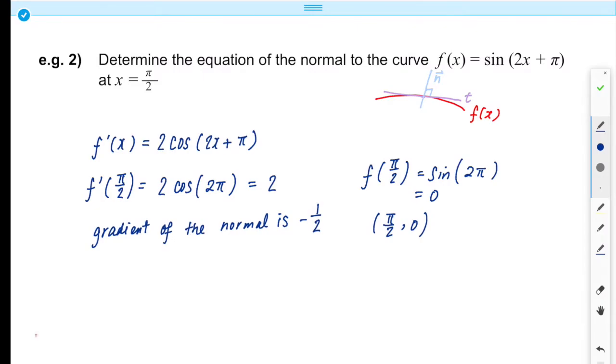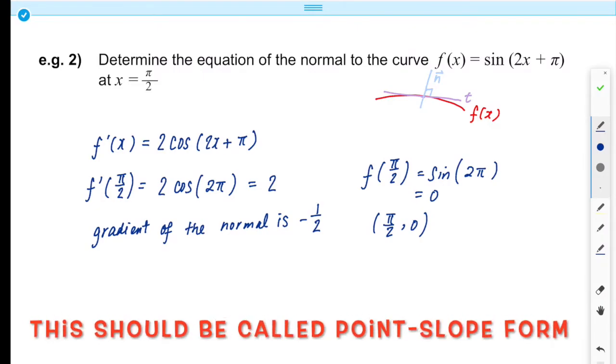I'm going to use point-slope form. If it helps, I'm going to put the equation here. So point-slope form looks like y minus the y coordinate equals the slope multiplied by x minus the x coordinate.